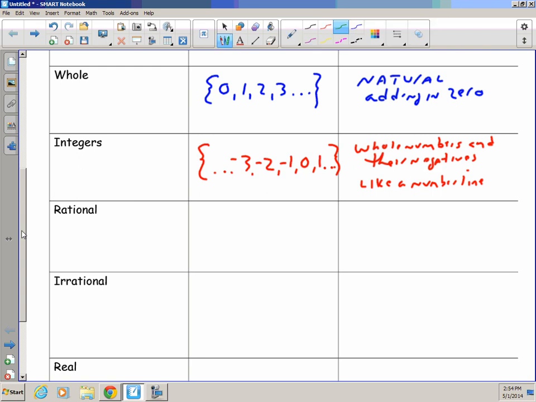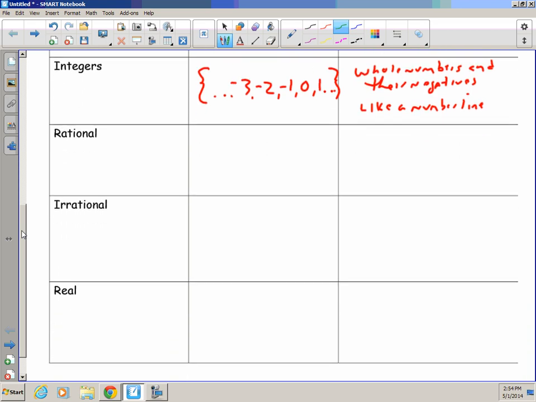Next one, rational numbers. Now this is where it gets to be a little bit tricky. All right? If you see the word rational, embedded in the word rational is the word ratio. And as we've done earlier in this course, ratio refers to a comparison of two numbers using division. So a rational number is the quotient of two integers.